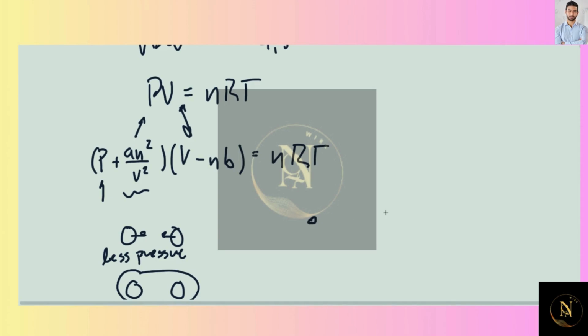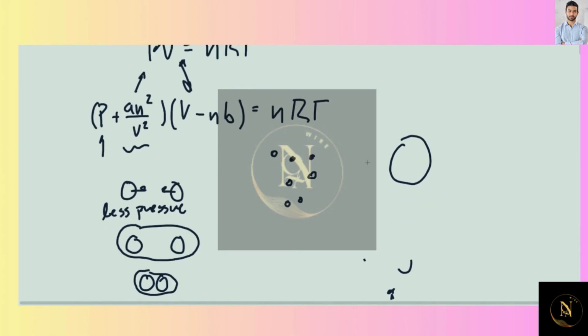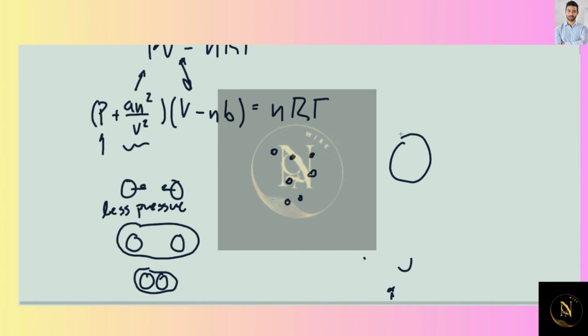And we're saying that there's a difference between this and this, in terms of gas molecules. If you have a bunch of these, it's going to be different than having a bunch of these.